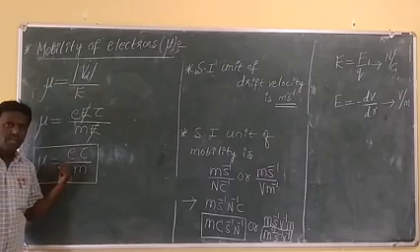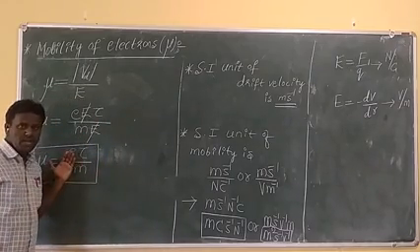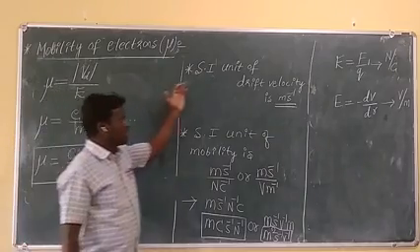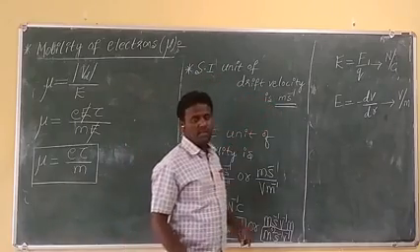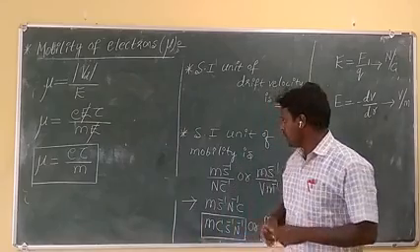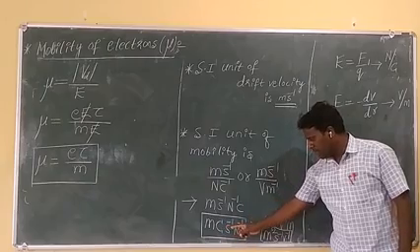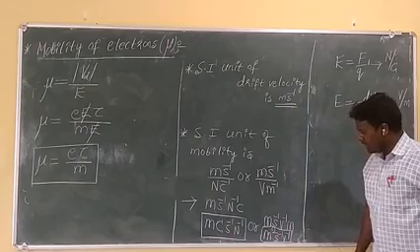This is the formula for mobility of charge carriers or electrons. SI unit of drift velocity is meter per second. In the same manner, SI unit of mobility is meter coulomb per second per Newton or meter square per second per volt.